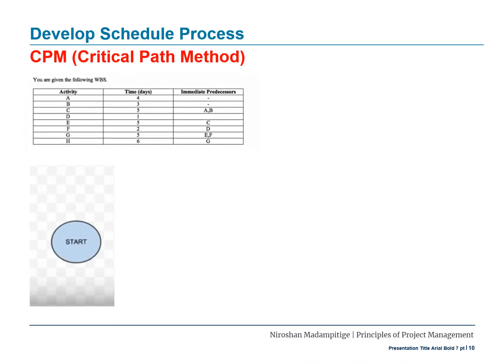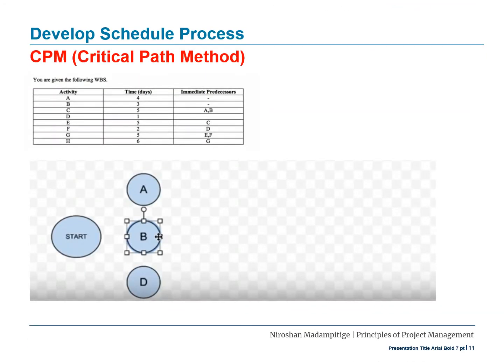The first thing that you need to do is to mark the start of your project. You generally do that by drawing a circle and writing start within the circle. Next, identify all the activities that do not have any predecessors.